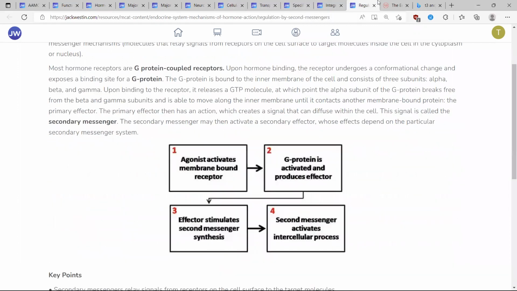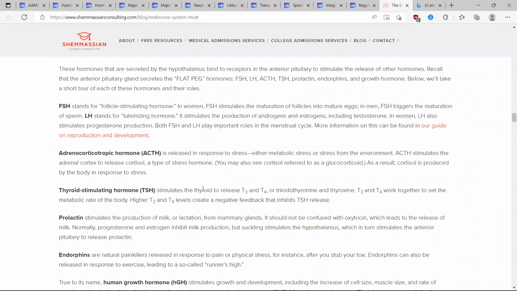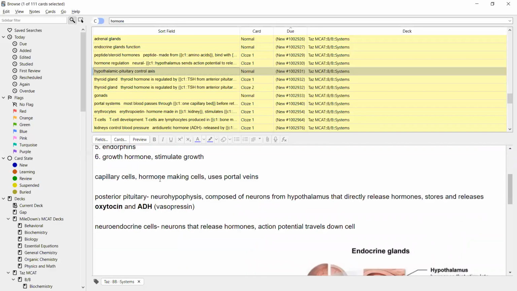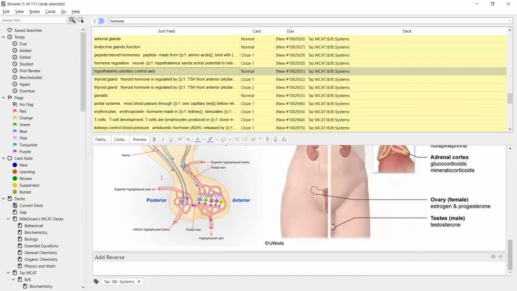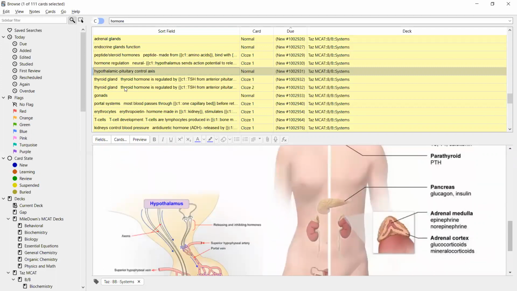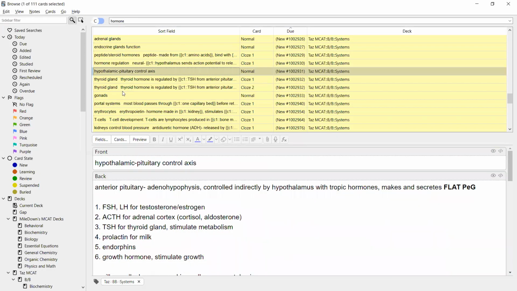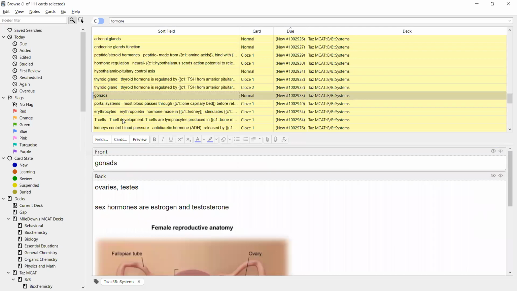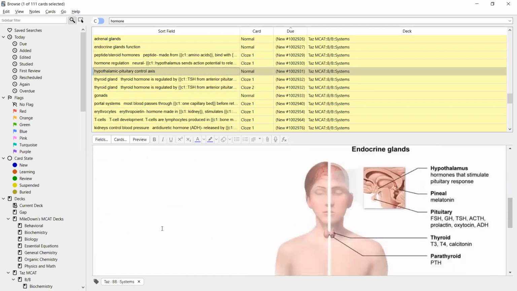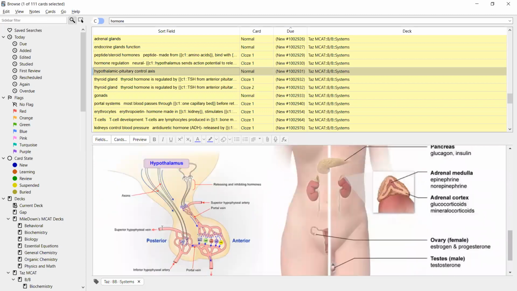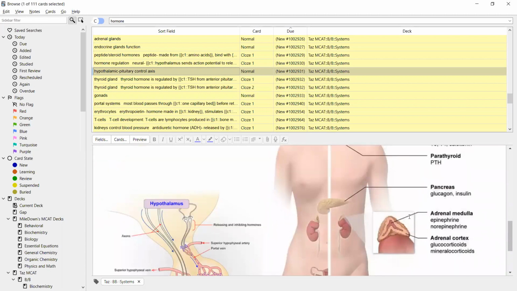I want to show the adrenal medulla, maybe in here. Okay, so this is the adrenal gland, right? The adrenal gland has two separate layers, essentially, the outside and the inside.